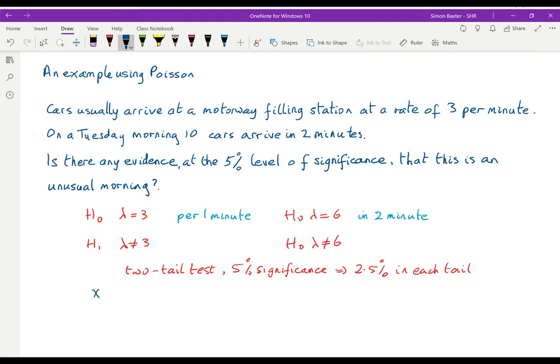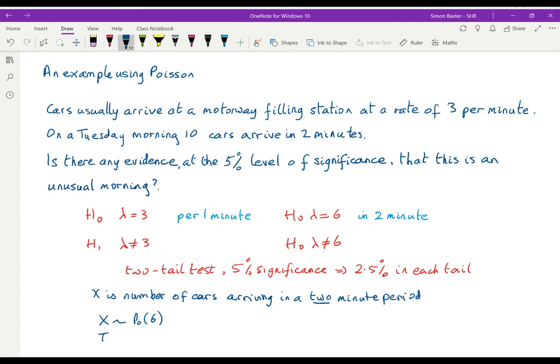Suppose that X is the number of cars arriving in a 2-minute period. Then X is going to be a Poisson variable with mean 6.